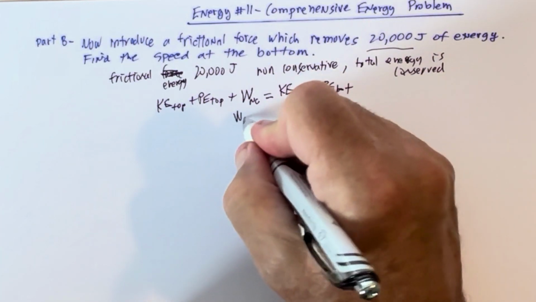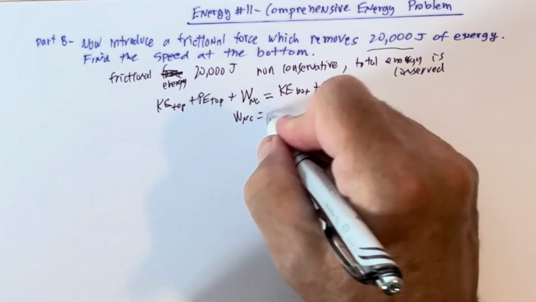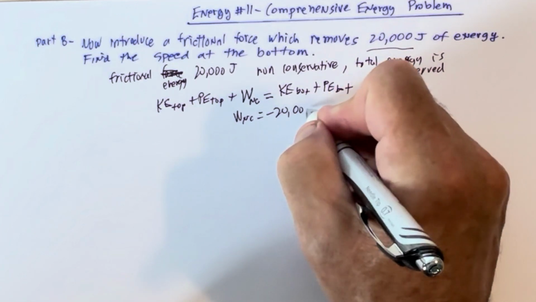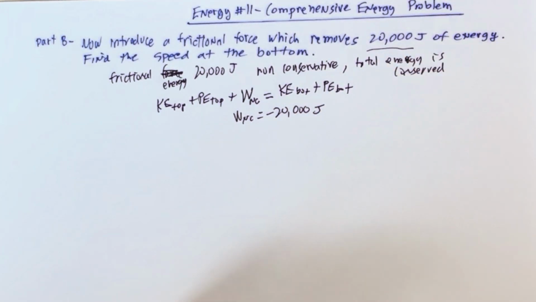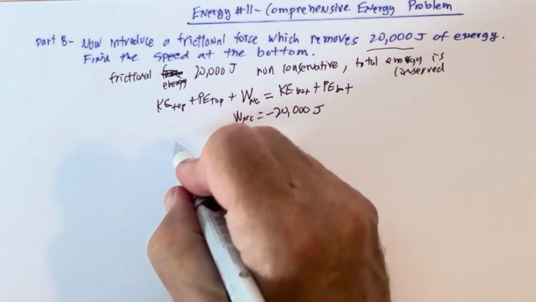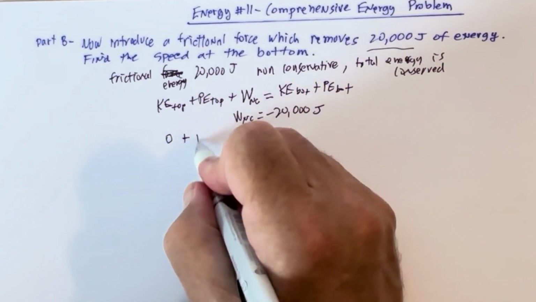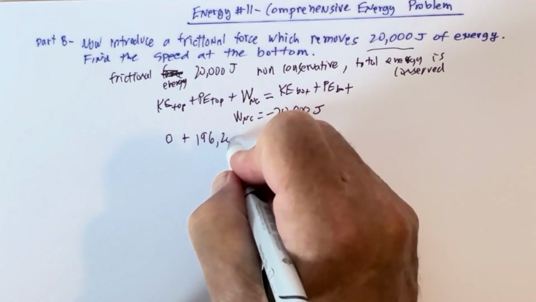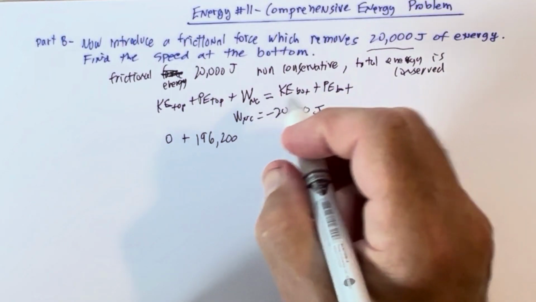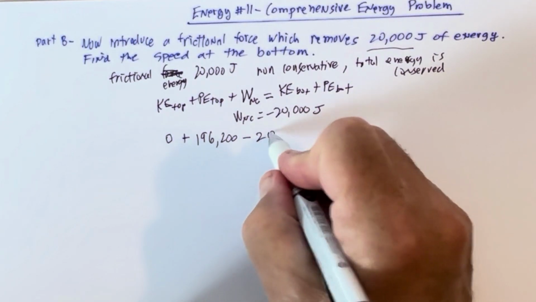Now, this non-conservative force is minus 20,000 joules because it's subtracting. It takes away energy, it removes energy. So our kinetic energy at the top, we know, is 0, plus potential energy at the top is 196,200. We saw that from part B earlier, minus the 20,000.